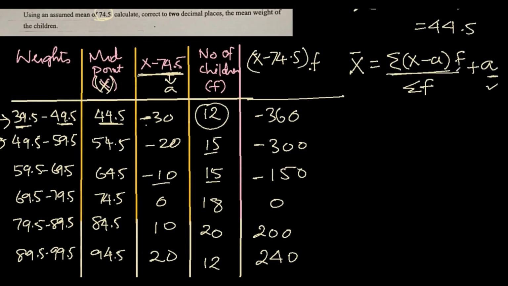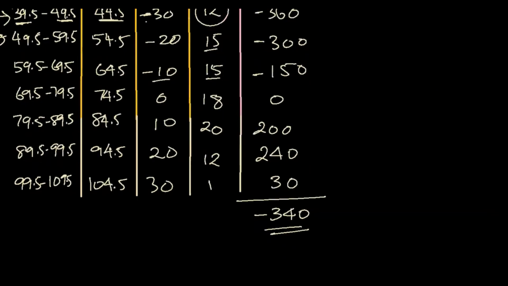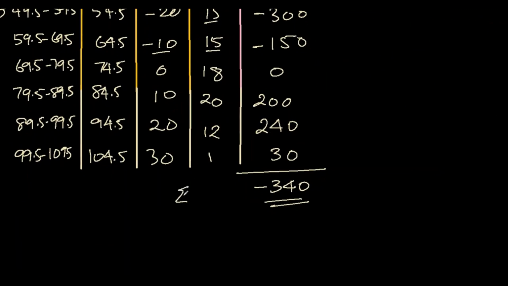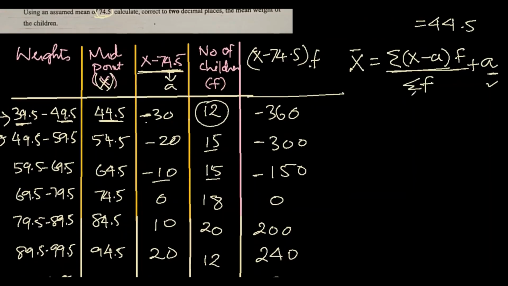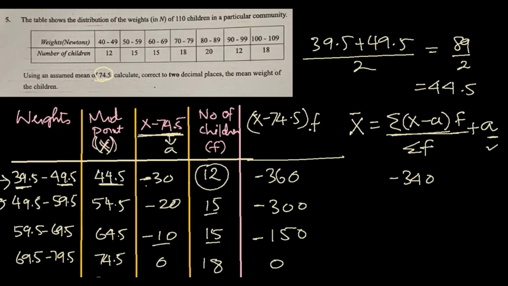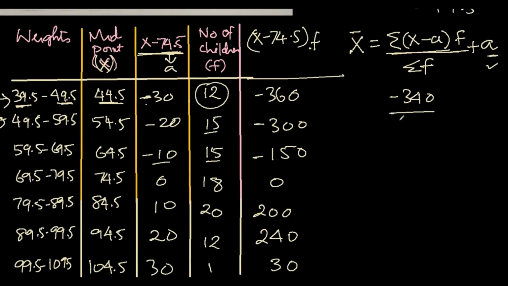All right. So let's use it here now. Sigma of (x minus 74.5) times f is minus 340. So minus 340 divided by sigma f. How many children are there? 110 children they have already given us.